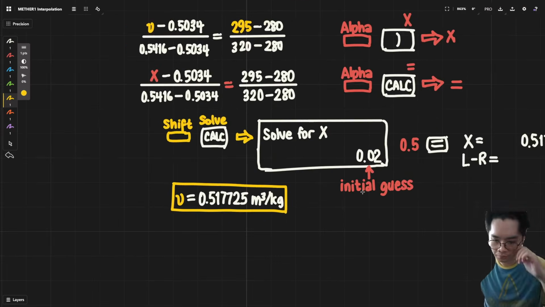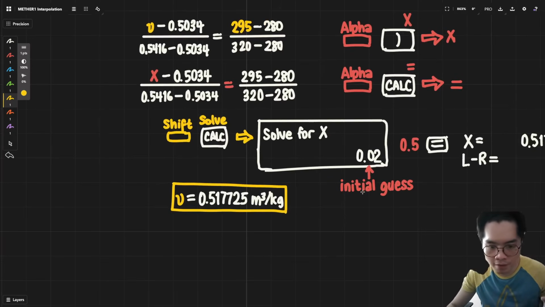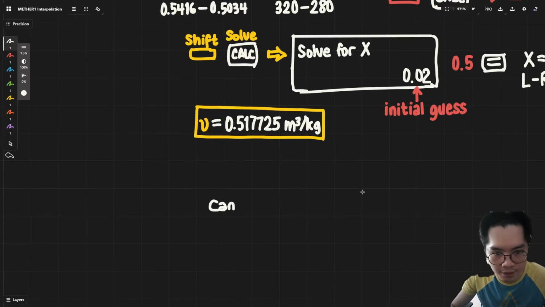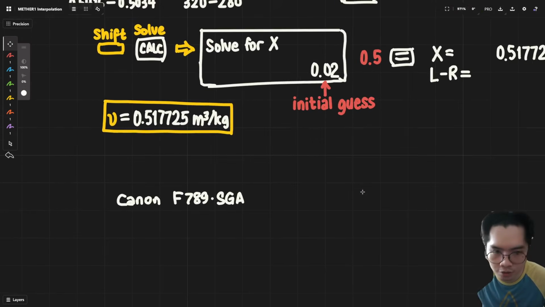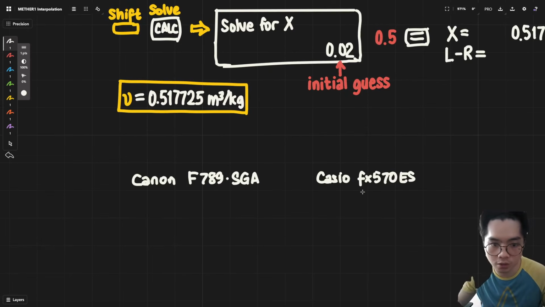And so I will be teaching this for both the Canon F789 SGA, the transparent version, or the Casio FX570 ES. And I'm teaching this for these two versions because these are the current front runners for the board exam.